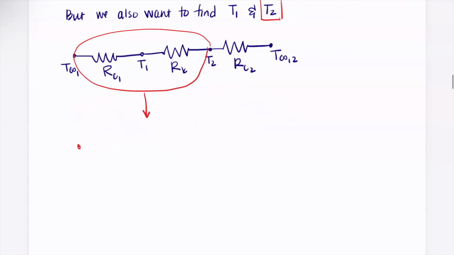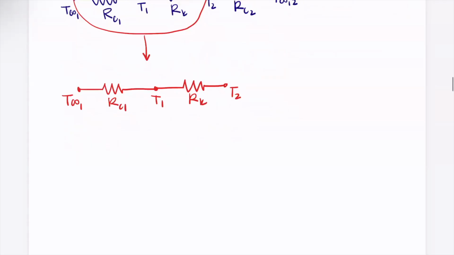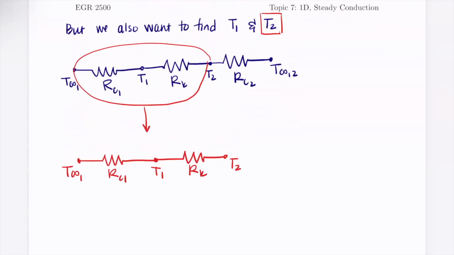All right, so then we would have T2 on that side and T infinity 1, RC1, T1, RK. All right, and if you remember, we already have our Q dot from before. So our Q dot all across the circuit is the same, so we already have that.